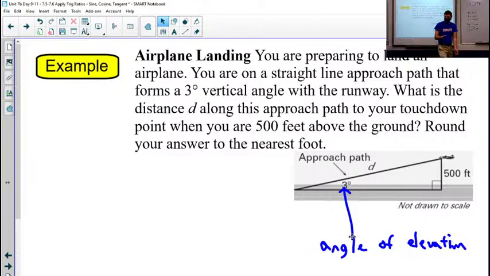So if you're at the bottom of something looking up at it, that's an angle of elevation. It is called an angle of depression if it's the opposite, if you're at the top of something looking down. But if it's going upwards, angle of elevation.